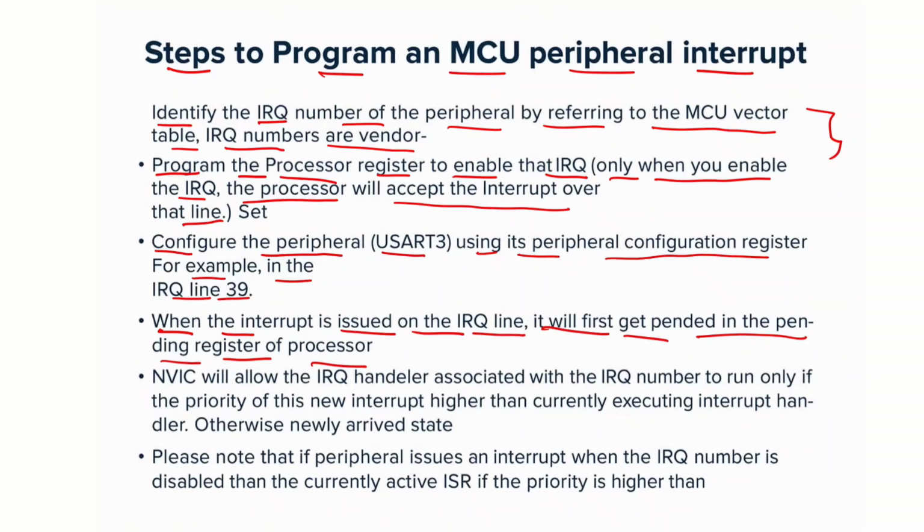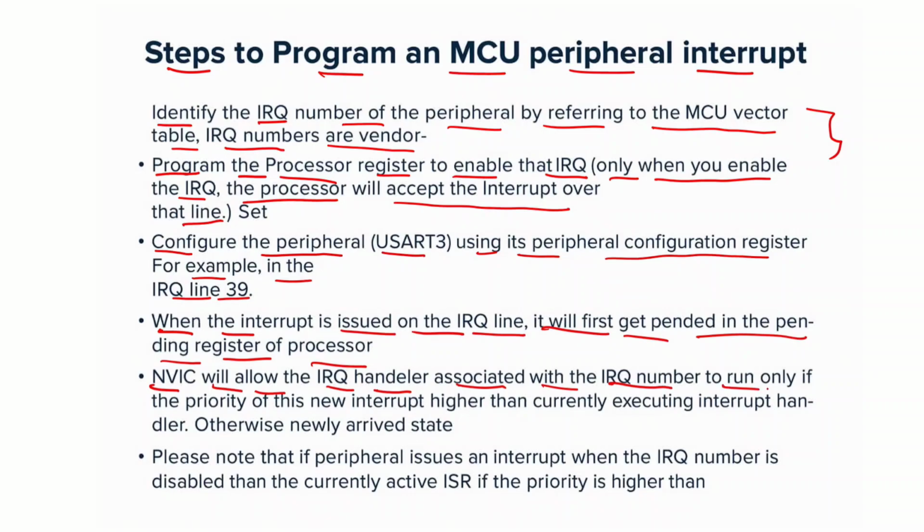For that IRQ number 39, there is one corresponding bit in the pending register. That also I will show you, don't worry. So whenever the interrupt occurs in that IRQ line, the corresponding bit will be set in the pending register.